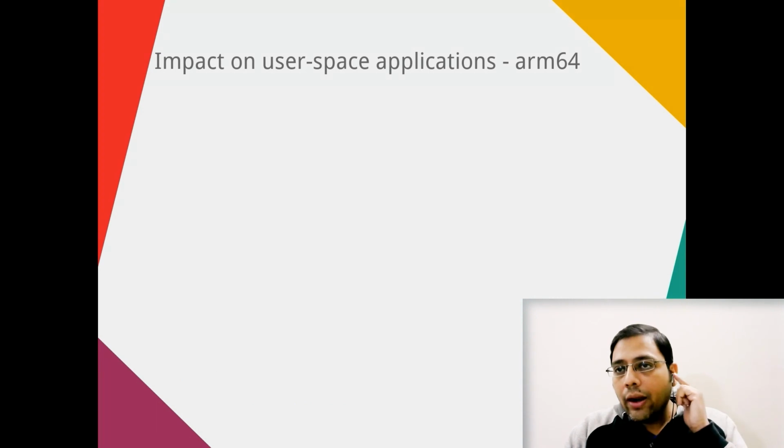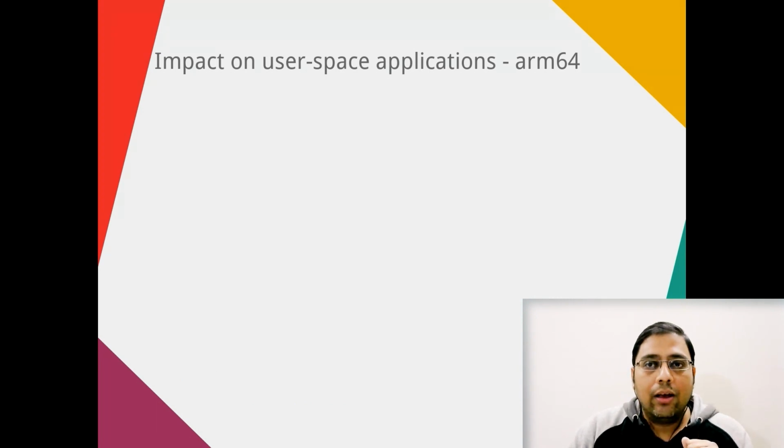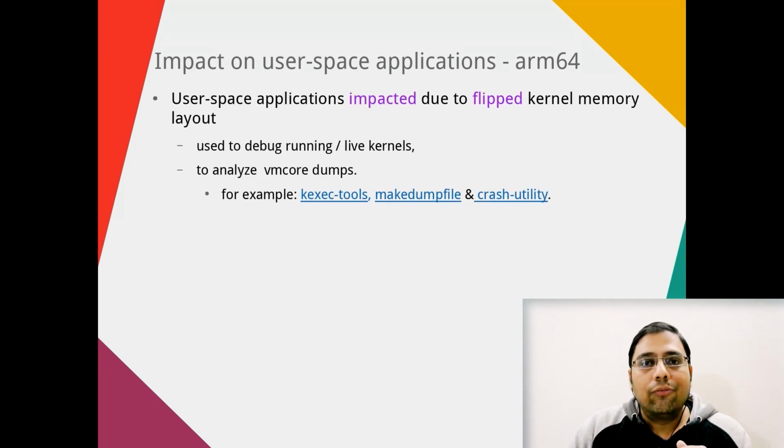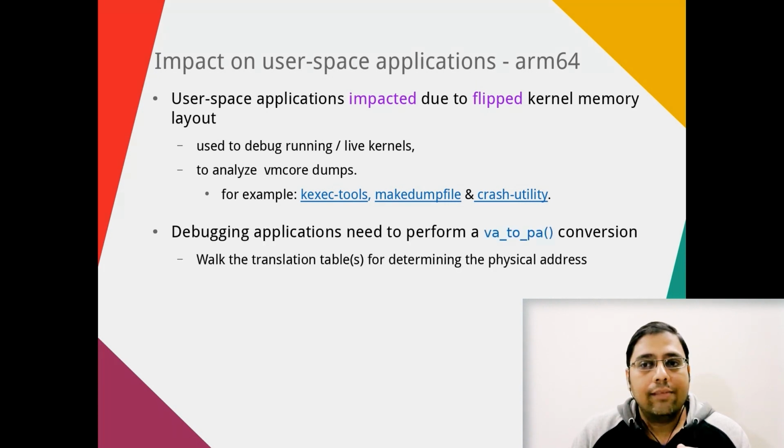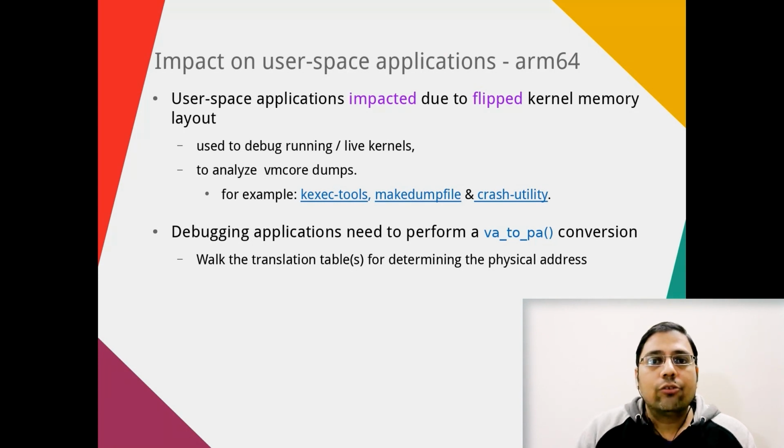Right then, so what happens in the user space then? Unfortunately, due to the flip in the kernel memory map, a few user space applications, especially the ones which are used to debug live kernel or which are used to analyze the VM code dump from a crashing kernel, get broken. The main reason behind the same is that these applications also need to perform a virtual address to physical address conversion to find out an offending crash location.